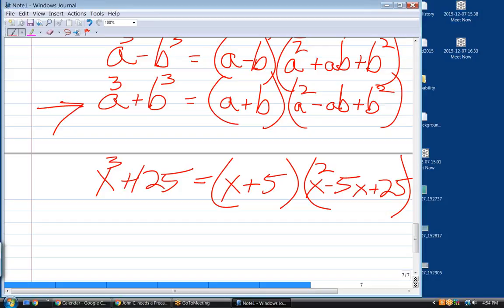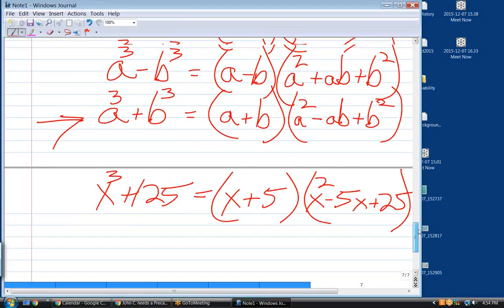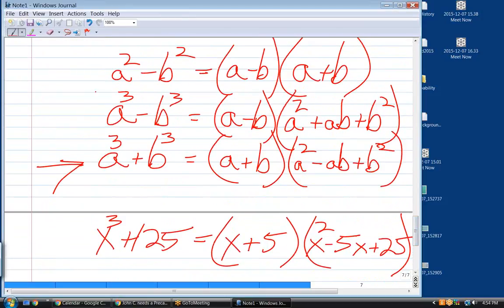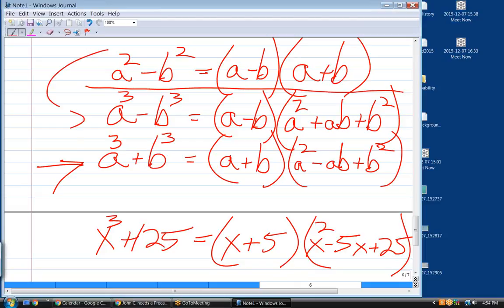But notice what's happening here. I get a lot of students that memorize that backwards. In other words, they memorize it as a plus b times a minus b, which is clearly the same thing. But in terms of making it so that you can memorize all three, it's not the same thing at all.